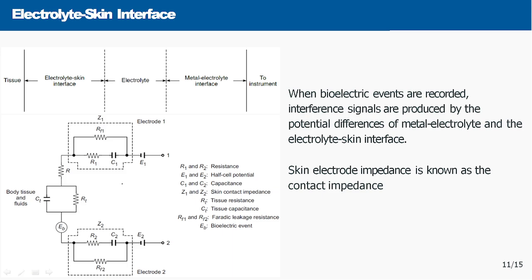So, here you mark, it is our body tissue and fluid, which can be modeled with some capacitance and resistance, and we call this bioimpedance or skin impedance. This model is known as skin electrode impedance or contact impedance. Now, this is the equivalent circuit for electrode 1, and this is your circuit for electrode 2.